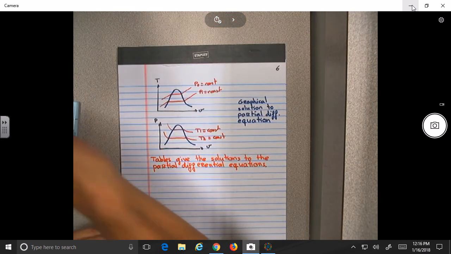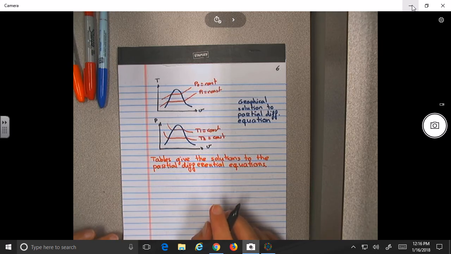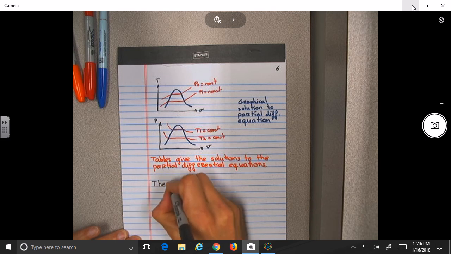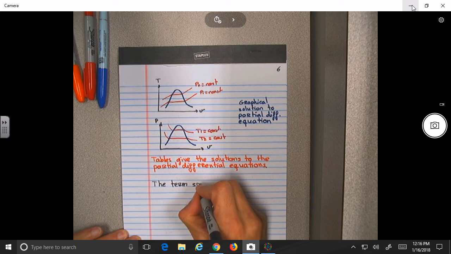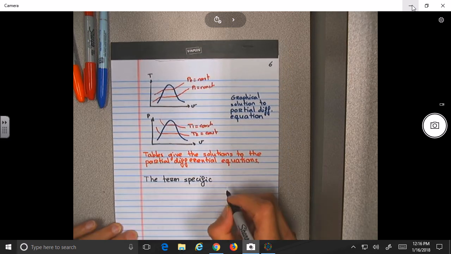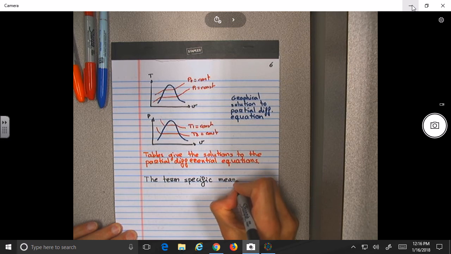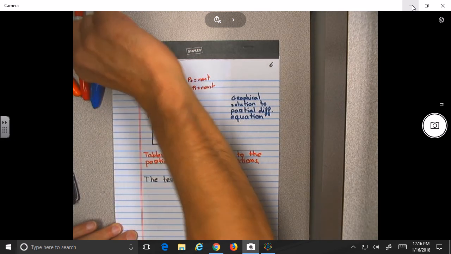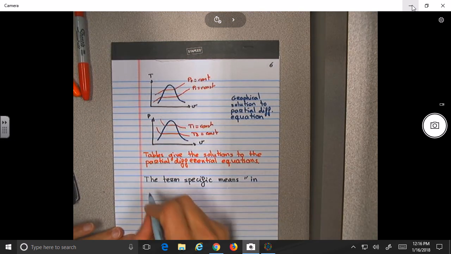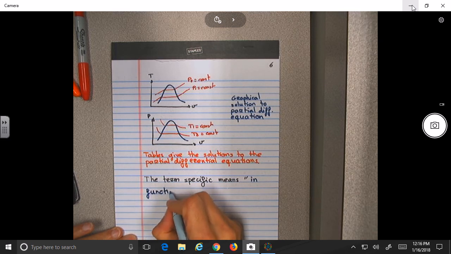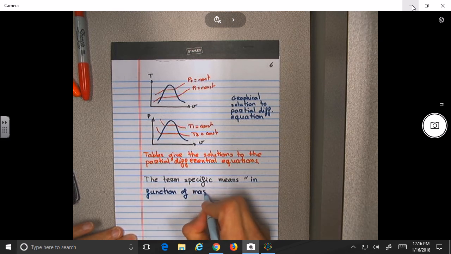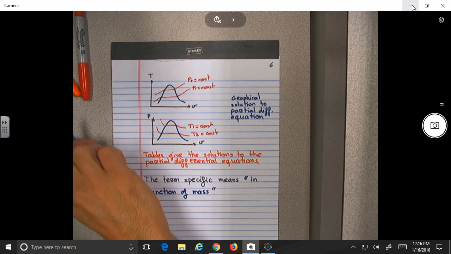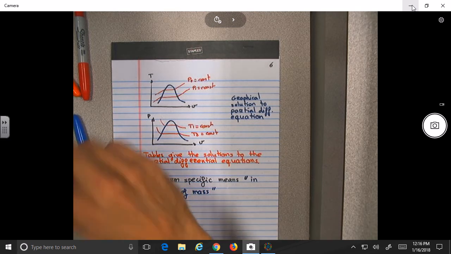So let's read over here, specific. The term specific means per unit mass, or in function of mass.